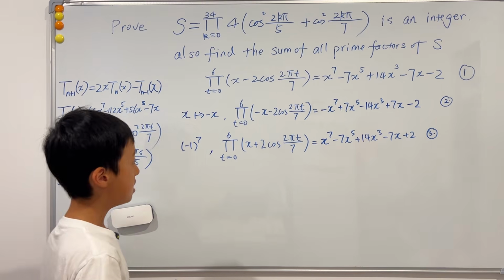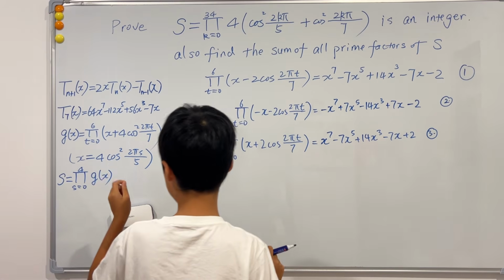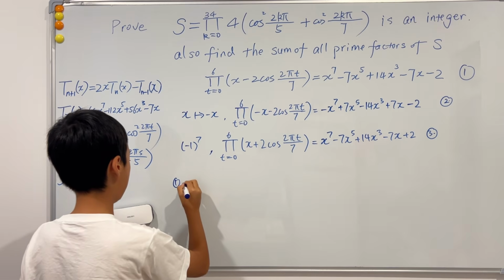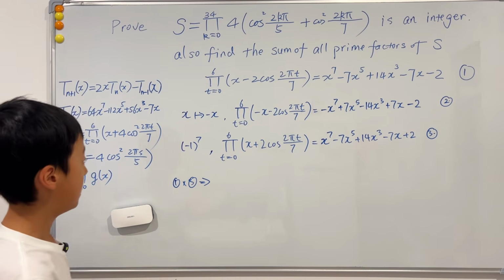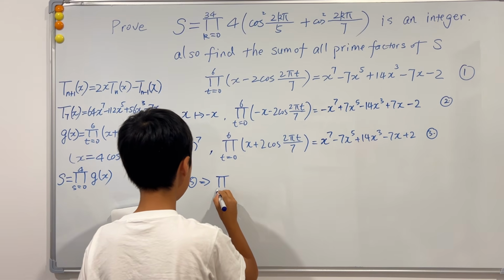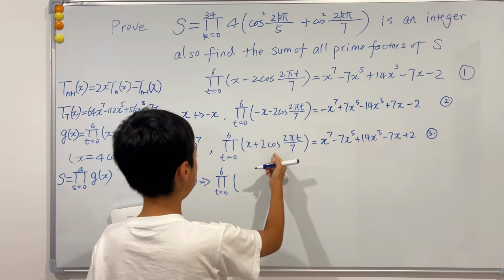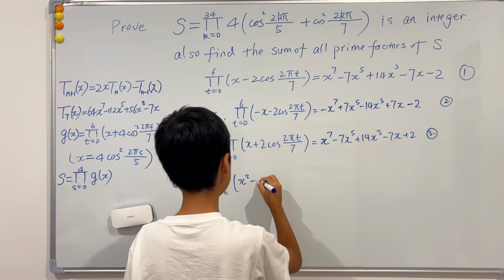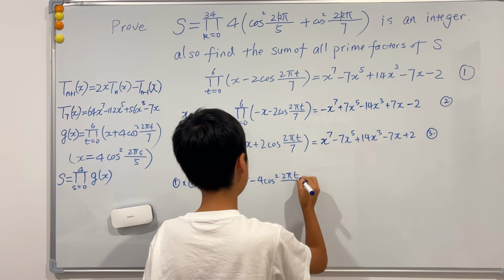So now what we can do is multiply equation 1 and equation 3, so we can get something that is even closer to this. So equation 1 times equation 3, this implies that the left-hand side will be this times that, which is the capital Pi staying the same, t goes from 0 to 6, but the inside will be something plus something times something minus something, which is x squared minus 4 cosine squared of 2 pi t over 7.